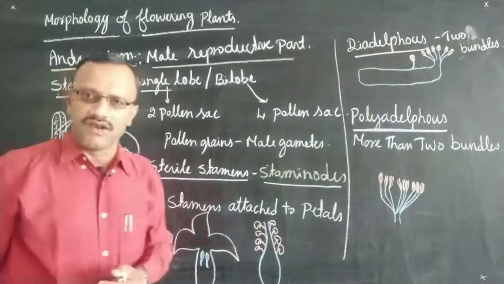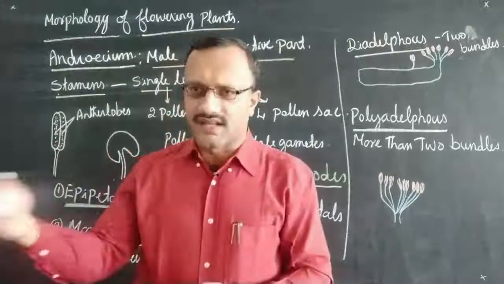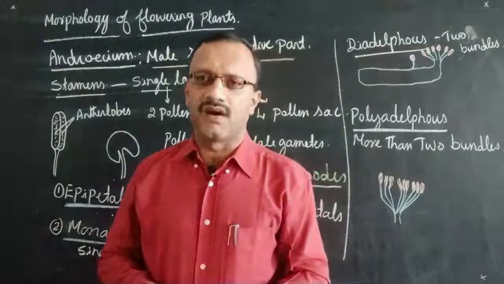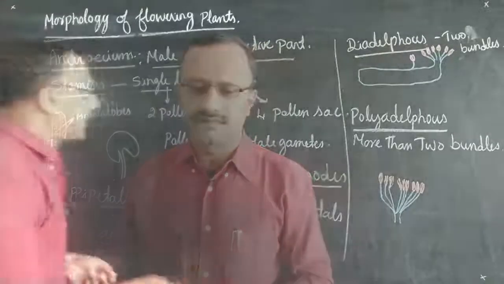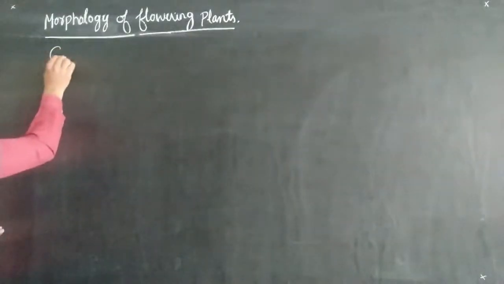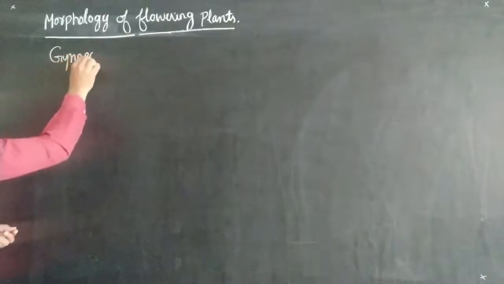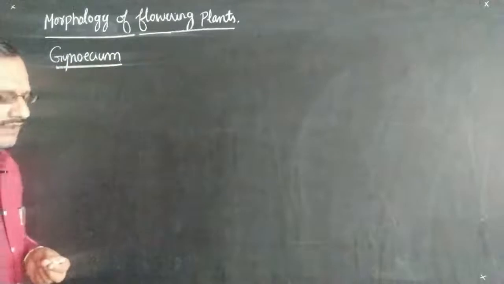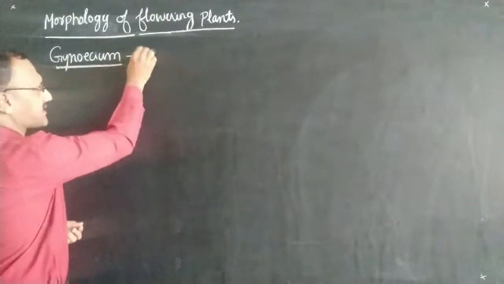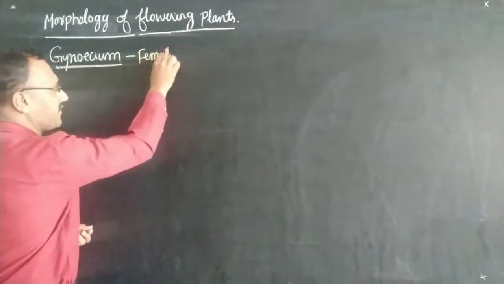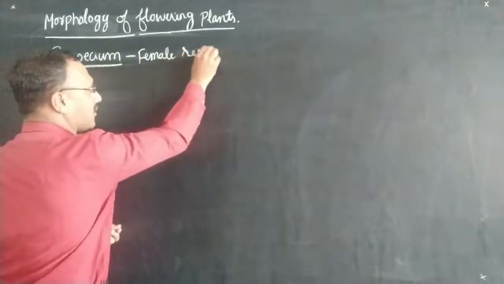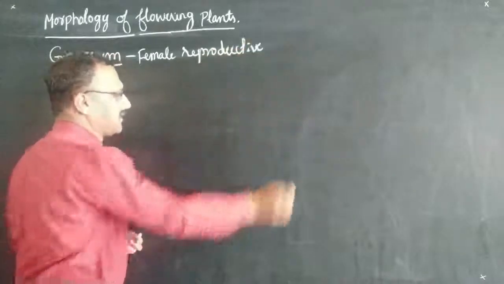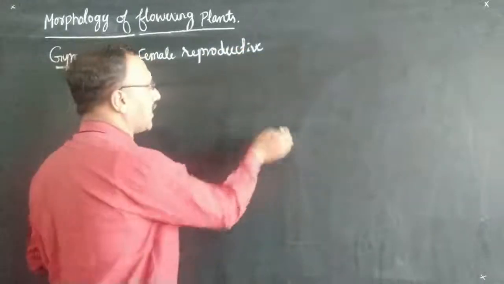Now we will pass on to another essential whorl of the flower, which is a must for reproduction, called gynoecium. Gynoecium is the fourth innermost whorl of the flower, which is acting as the female reproductive part, found as the topmost or the fourth whorl.